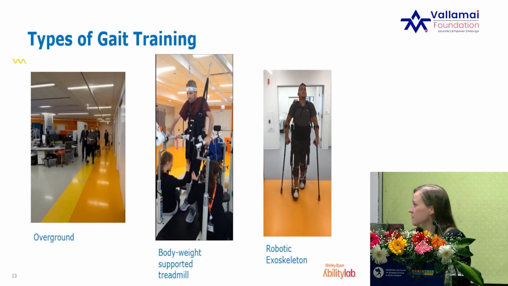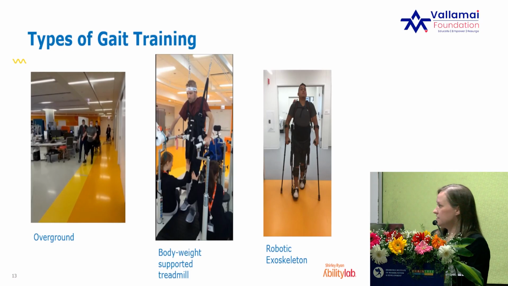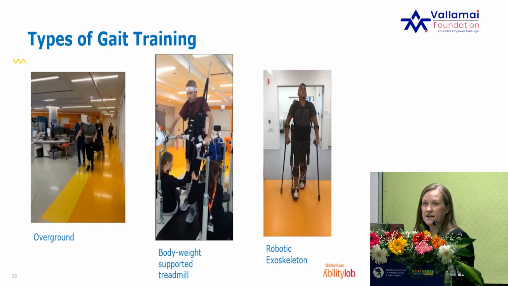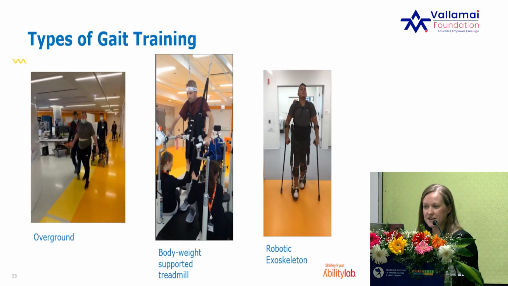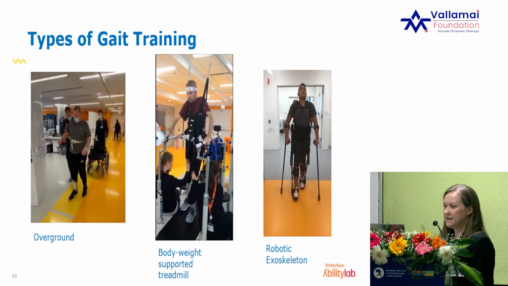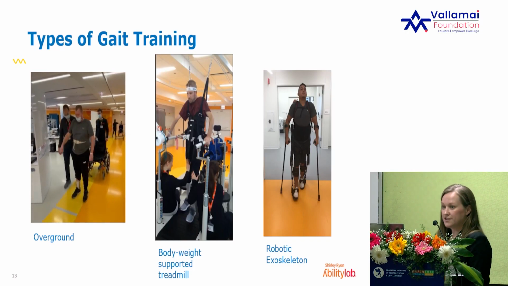When you're working with patients and doing gait training, you can do this through several different modalities. You can use just the regular overground training, which can provide a very highly task-specific exercise, and it encourages the patient to adapt to challenges in a real-world situation.